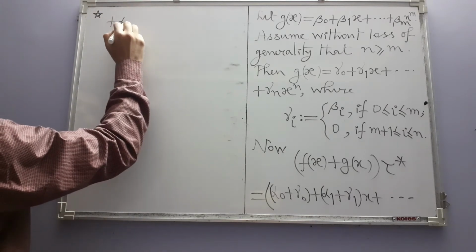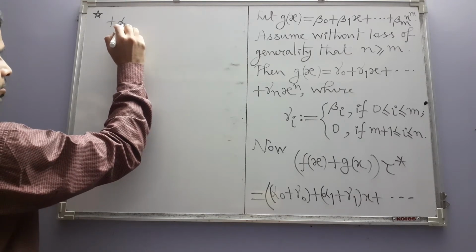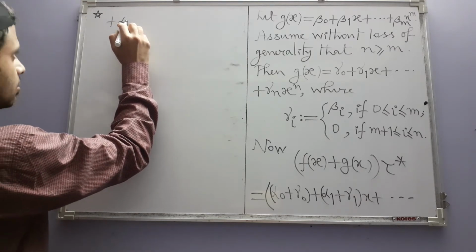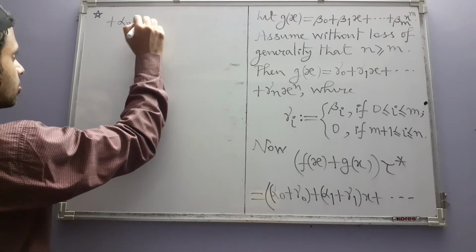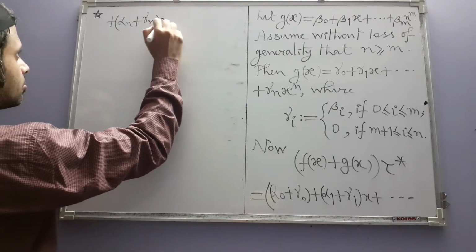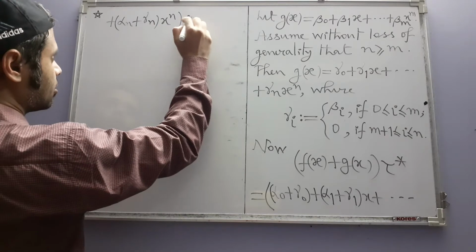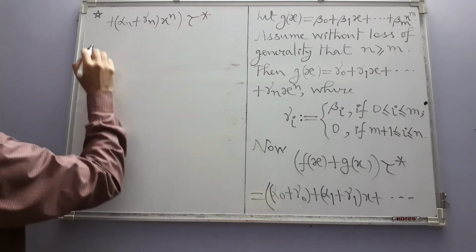Plus alpha n plus gamma n x to the power n. On this we are applying tau star.